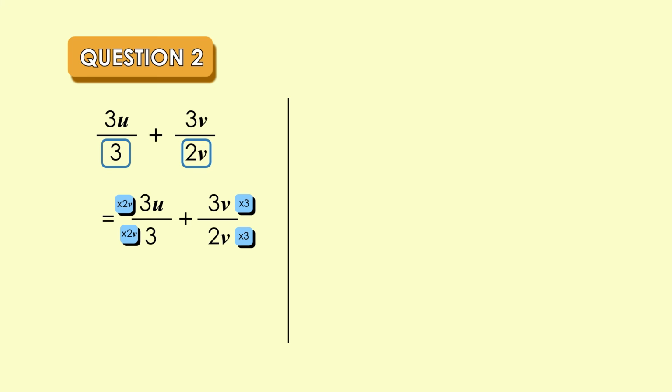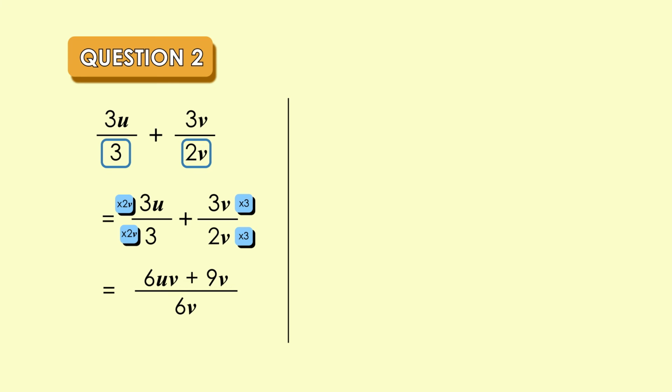So, 3u multiplied by 2v and 3v multiplied by 3. For the denominator, 3 multiplied by 2v equals 6v. For the numerator, 3u multiplied by 2v equals 6uv plus 3v multiplied by 3 equals 9v.